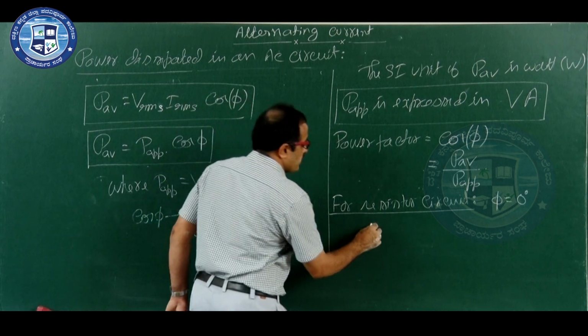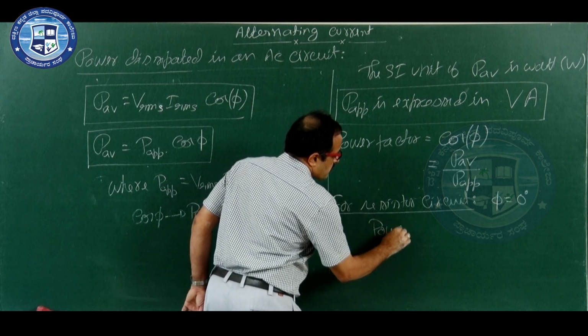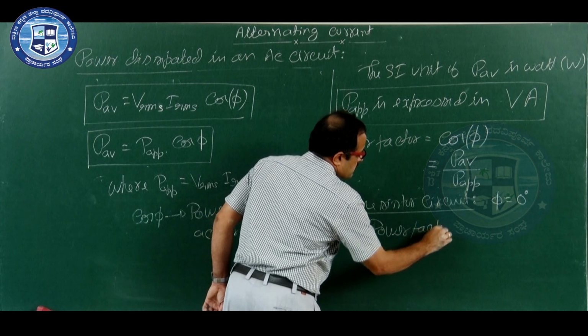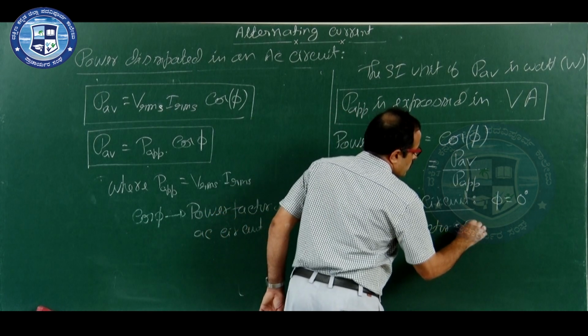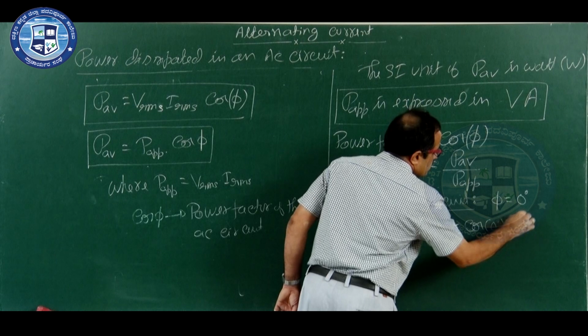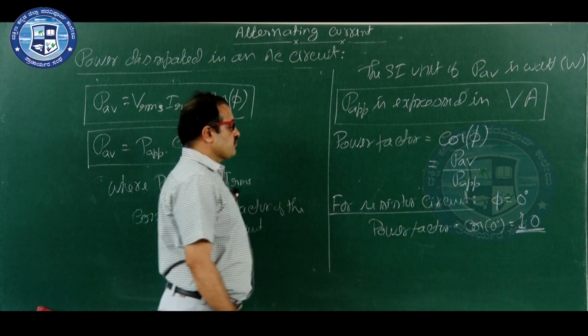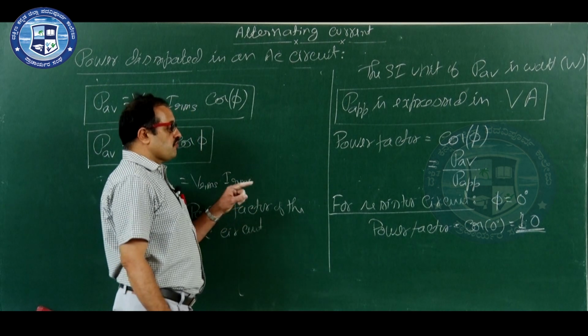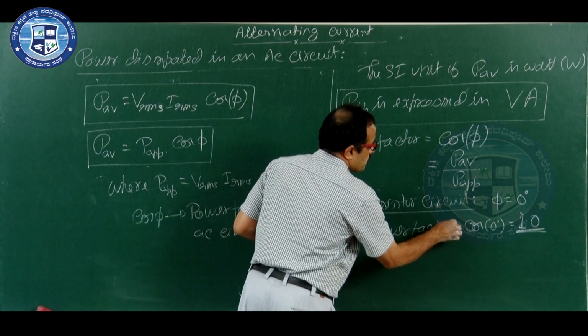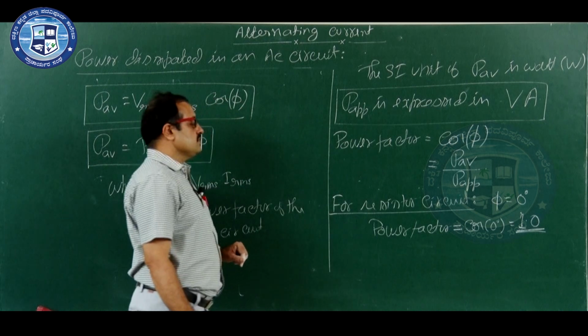Therefore, what is the power factor? Power factor is equal to cos of 0 degree, that is 1. So, for resistor circuit, power factor is always 1.